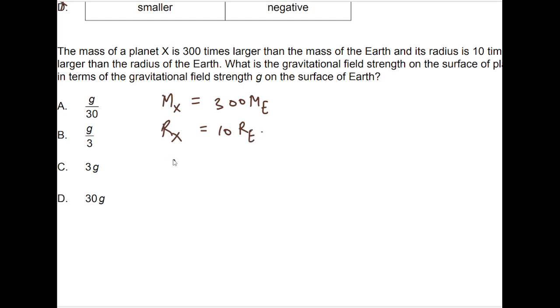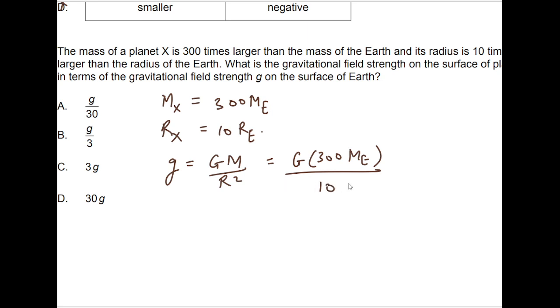So I know that gravitational field strength is given by the formula GM upon r square. Now they are saying that the mass is 300 times the mass of Earth and 10 times the radius of Earth squared.